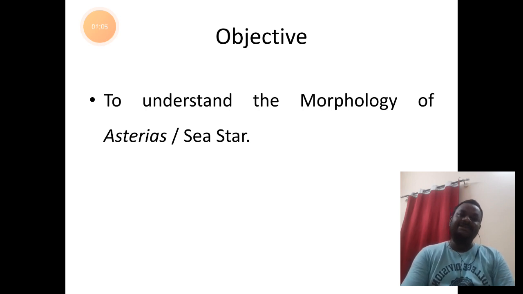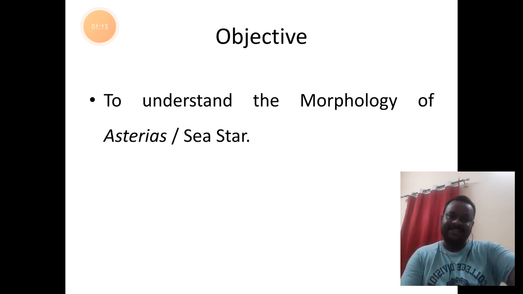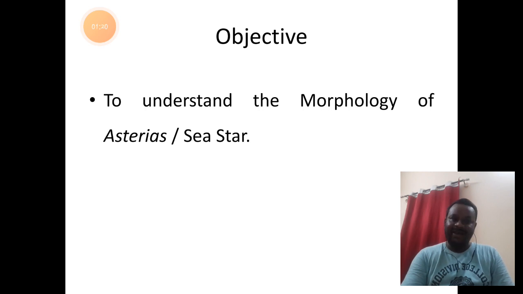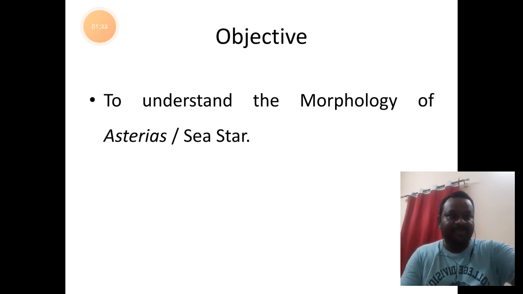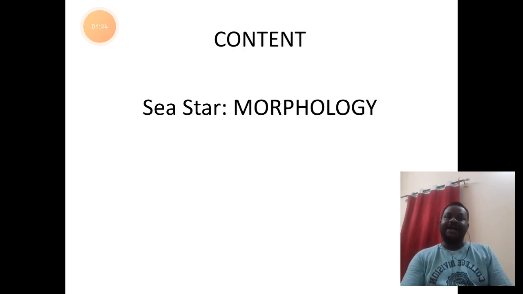Morphology is the term used to study the external features of the organism. Students, remember, sea star is the type study animal under the phylum Echinodermata. So the content includes the study of morphology related to sea star.